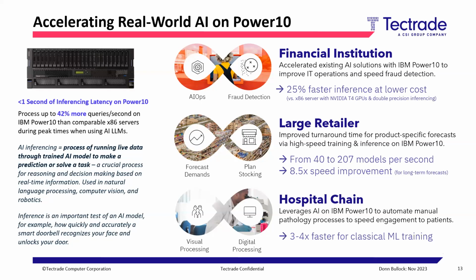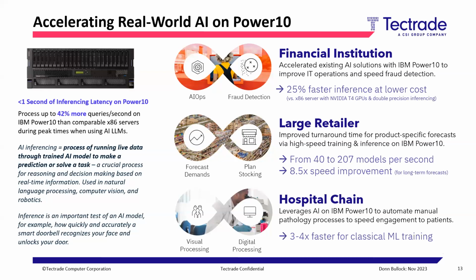Inference is a test of an AI model to determine how quickly it can take that live data and make real-time decisions. For example, how quickly and accurately, between the time that it sees your face, which is this notion of computer vision, what's the time delta between seeing your face, recognizing your face, and then unlocking your smart doorbell so that you can unlock your front door.